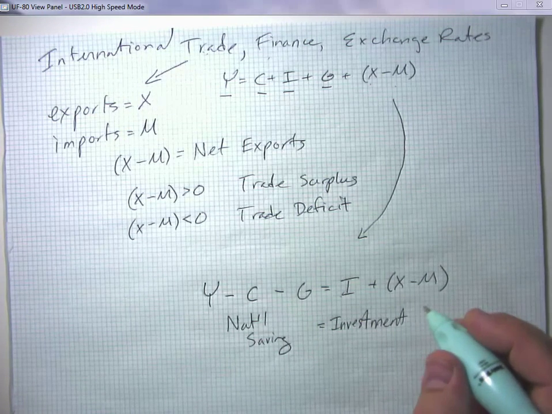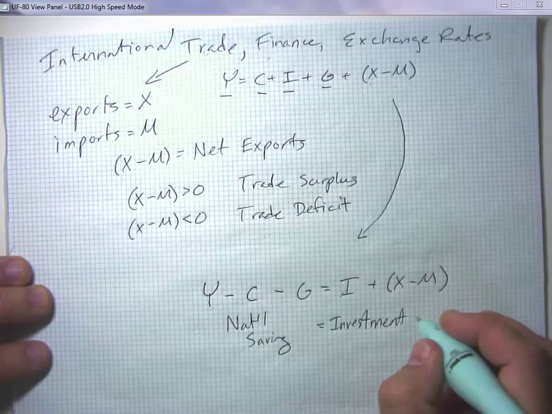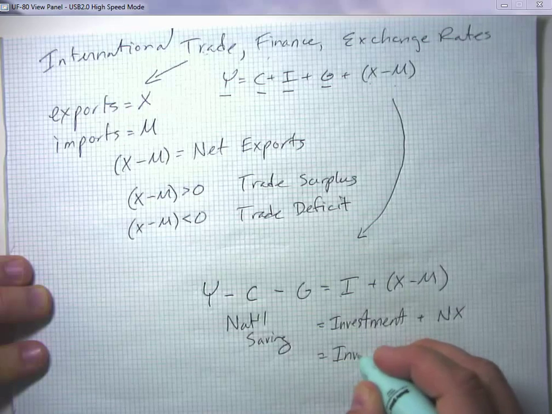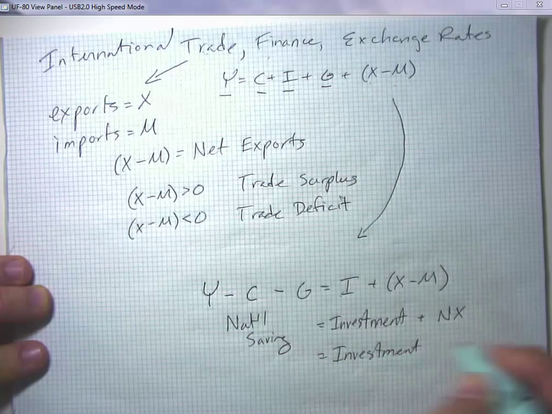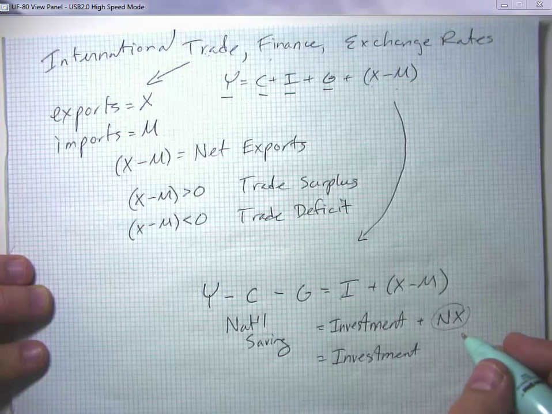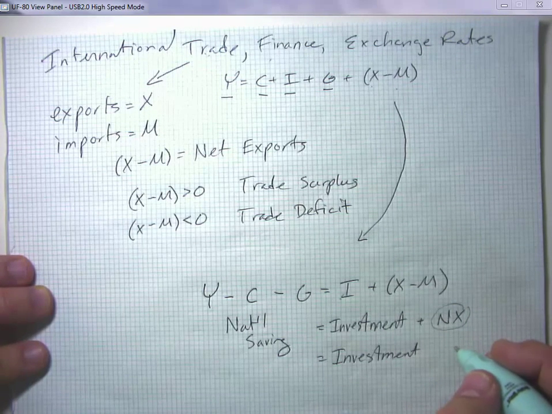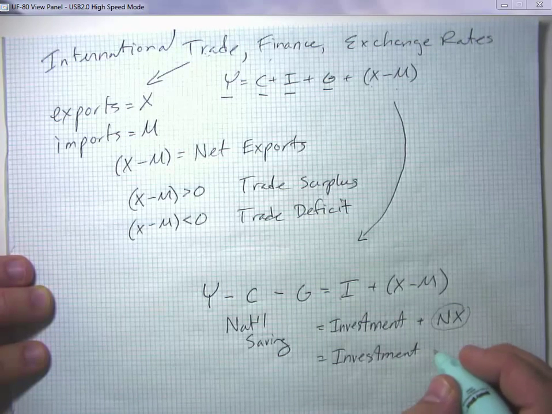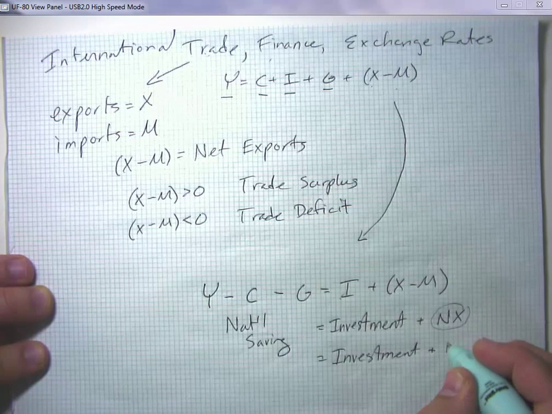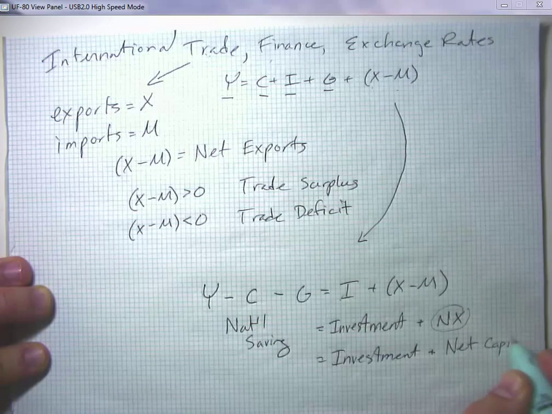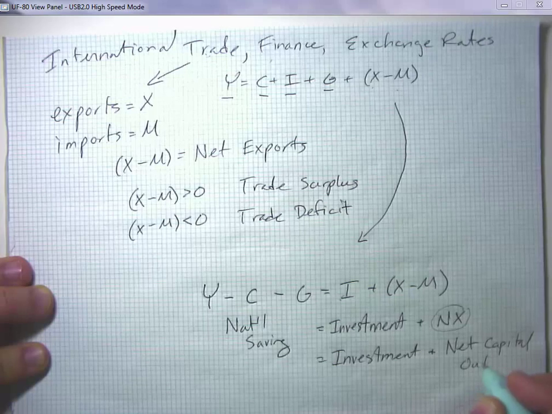We can sell more than we buy. So we can either think of this as net exports, or when we sell people more than we buy from them, we effectively would be lending them the money to buy the products in excess of the amount that we bought from them. So we can also call this what's called net capital outflow.